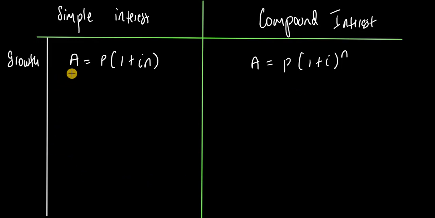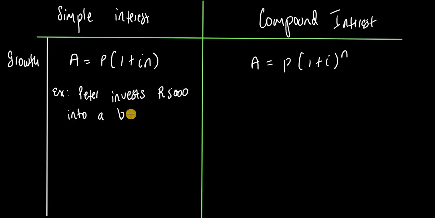As an example, let's say Peter invests 5,000 rands into a bank, offering him a 6% interest rate per annum.